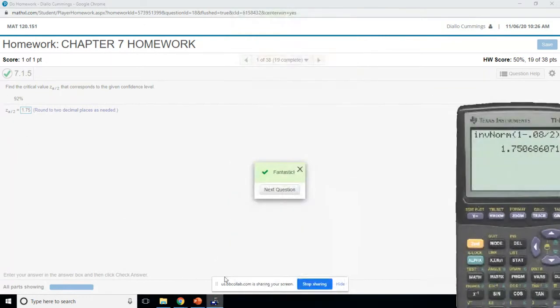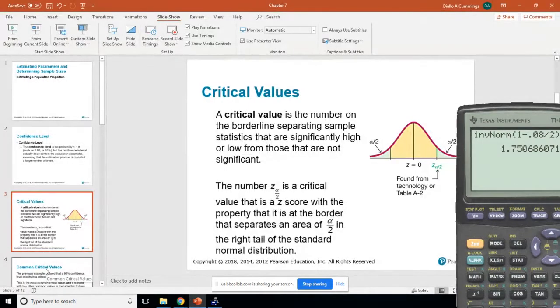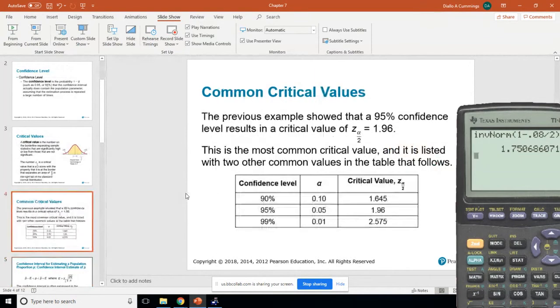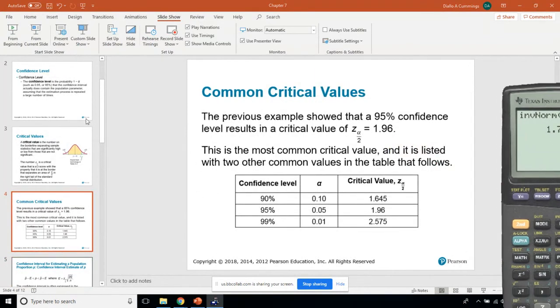Okay, I'm going to return back to our PowerPoint. On this PowerPoint, we have some common critical values. If our confidence level were 90%, alpha would be 0.10, and our Z critical value would be 1.645.